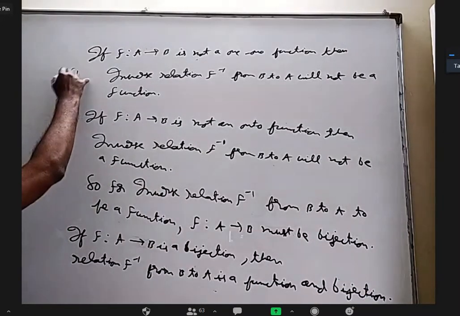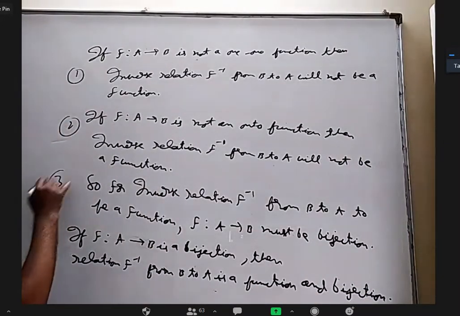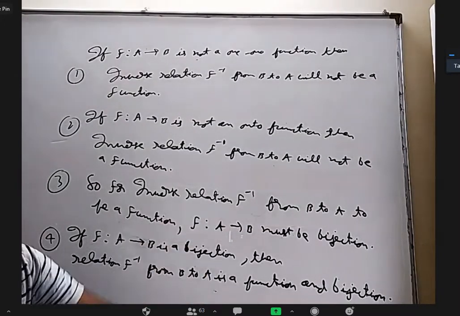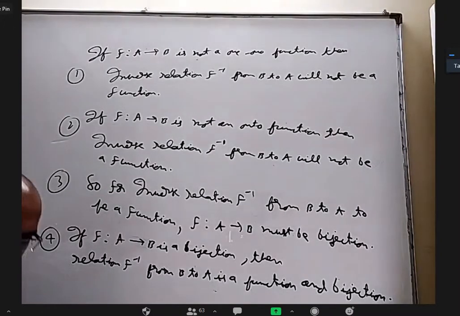So in total we made 4 points regarding inverse. So if the original function is a bijection, then the inverse will be a function, and not just a function. Even f inverse also will be a bijection. We will prove it thoroughly as a theorem, but you can easily relate to this.